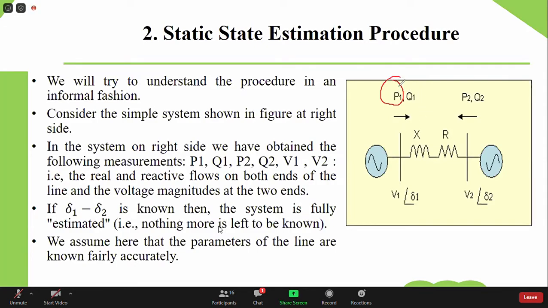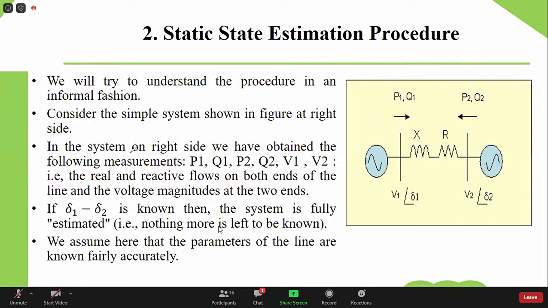P1, Q1 can be measured, and P2, Q2 can also be measured. Real power, reactive power and voltage at bus 1 can be measured, and at the same time real power, reactive power and voltage at bus 2 can also be measured. We can measure and record it.